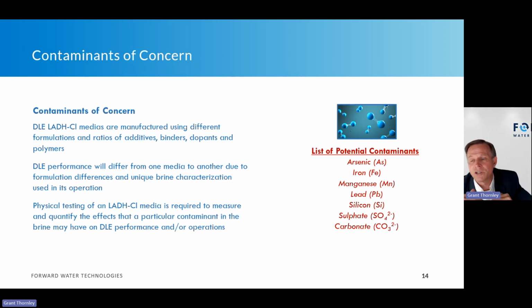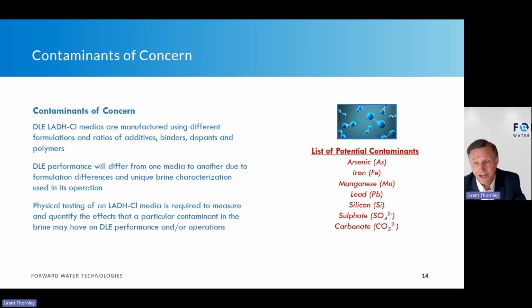Everyone has different formulations, and those formulations, the chemistries, binders, and dopants, use different ratios. So just because you have an aluminum sorbent doesn't mean it's going to operate the same as everyone else's. There are differences, which is why I call these contaminants of potential concern, because depending on the formulation used, some of these contaminants may or may not impede the performance of a media.